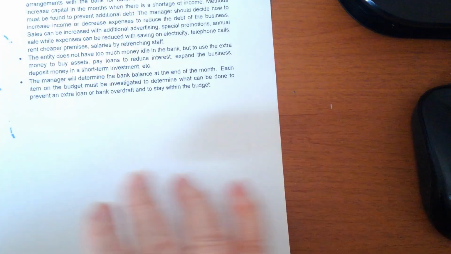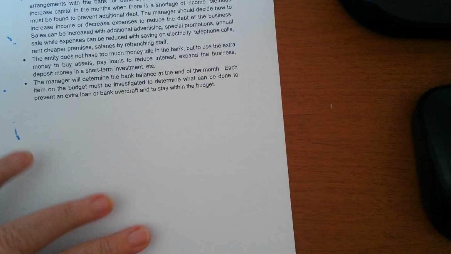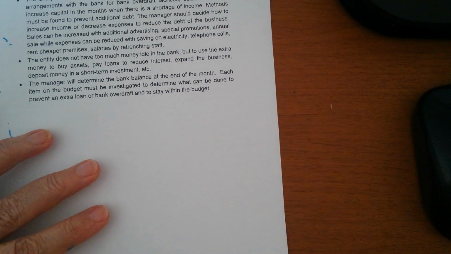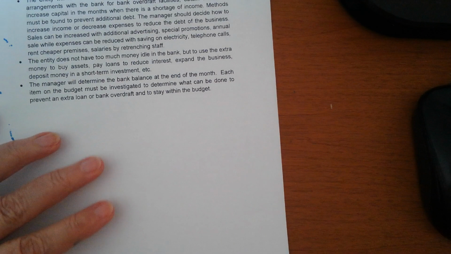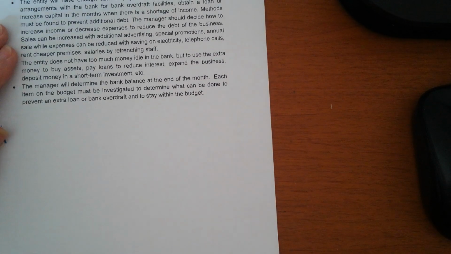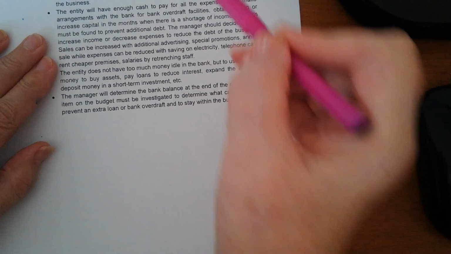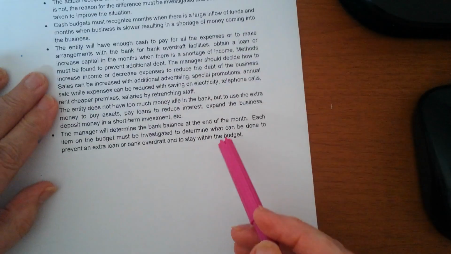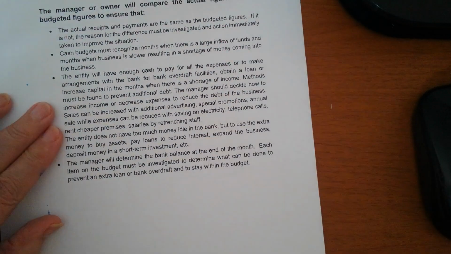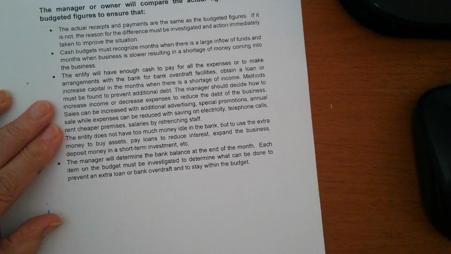Okay, if we look at the notes on the next page, the manager or owner will actually look at these figures. They will look at the actual receipts and payments, and then they will investigate and they will take action immediately. That's what I explained to you while we did the budget.